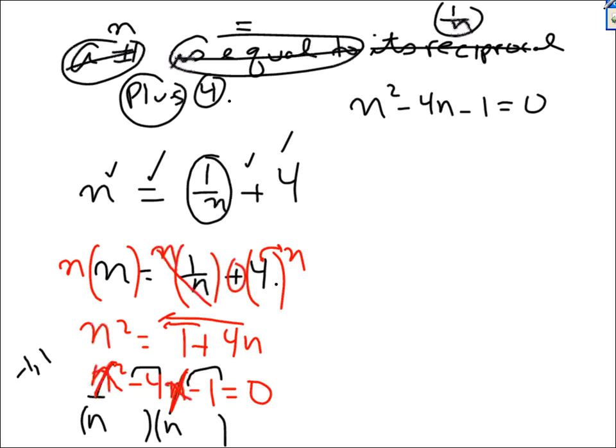Now, the big difference here is the variable is not x, it's n. So instead of saying x equals, I say n equals.